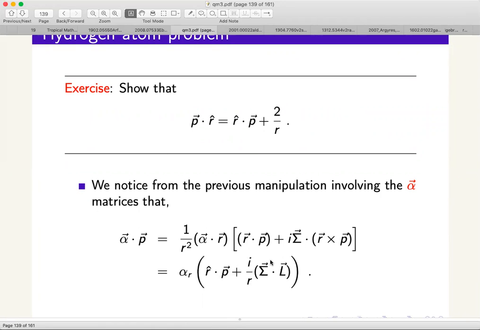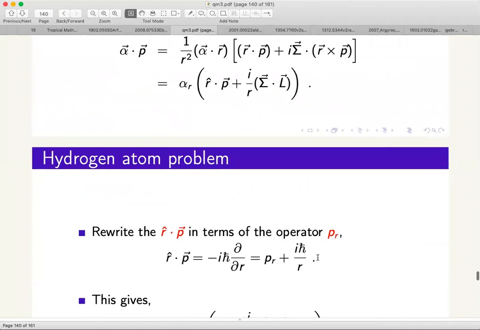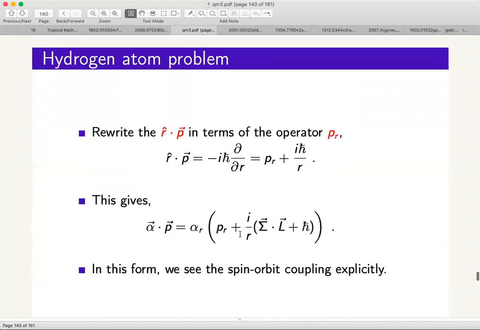That is another thing one could do with alpha dot p. So we plug it back into the total expression: alpha dot p is written as alpha r pr plus the spin orbit coupling plus the additional h bar factor because of this transformation, which we add into the angular part of the problem.